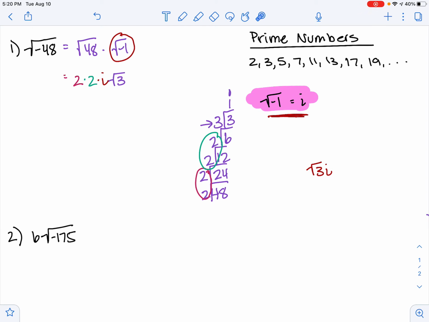So to avoid this confusion, we always write the i in front of the radical symbol. So whenever you have an imaginary number that includes a radical of any kind, you always want to put i before that radical.